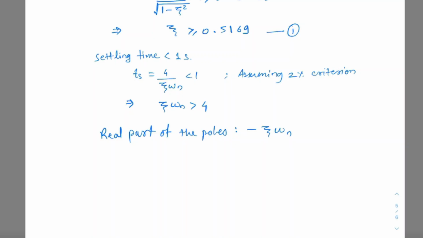Let's take a look at one more problem. Here we will try out a proportional controller assuming unit negative feedback, and try to figure out the controller parameter space.